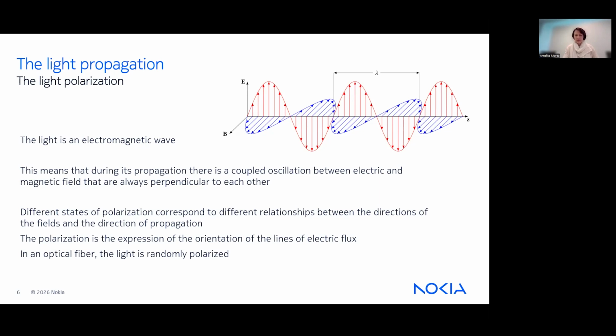And one way of measuring this field is by the polarization, which gives us an orientation of the electrical field during its propagation. Usually the light in the optical fiber is randomly polarized.